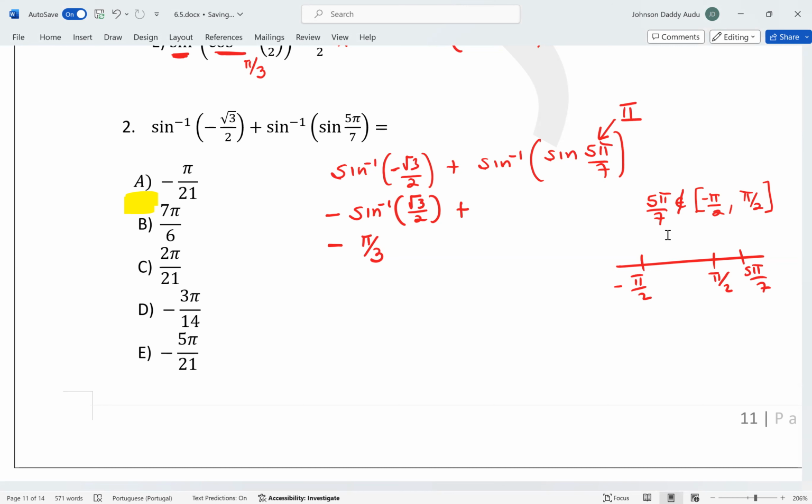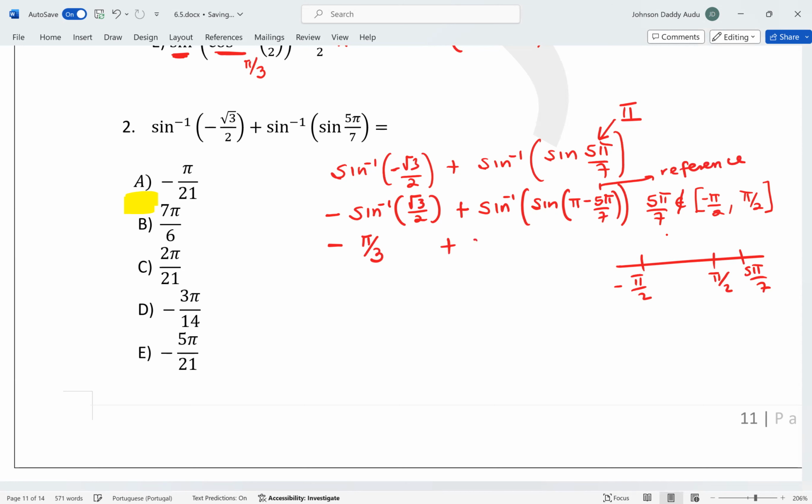But in the second quadrant, we know sine is still positive, so we'll have sine inverse of what? Sine, and here will be pi minus what? 5 pi over 7. So what are we using here? Reference.